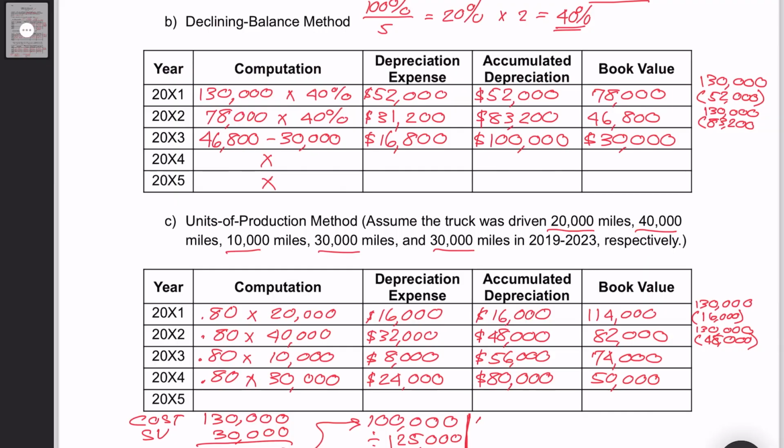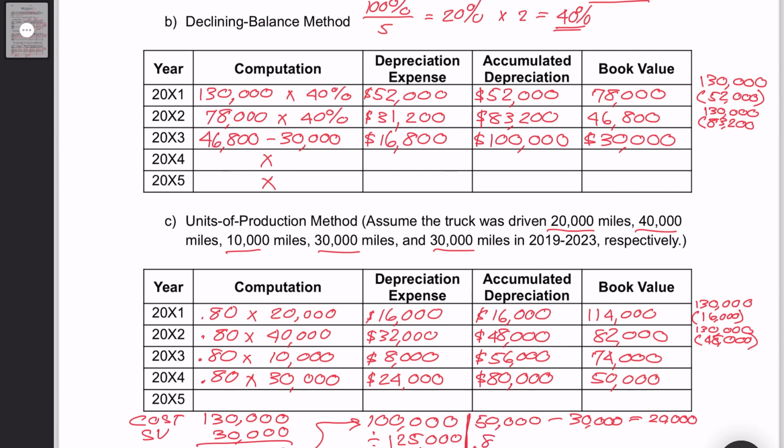So if we're seeing what is left, our current book value is $50,000. And I know that my salvage value is $30,000. This would tell me that I can only recognize an additional $20,000 of depreciation.